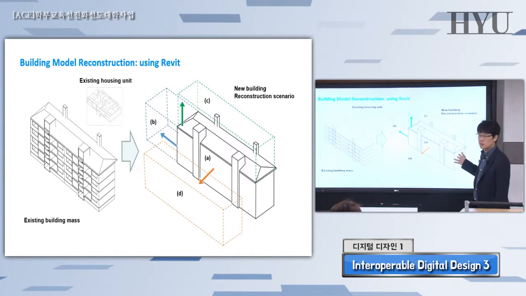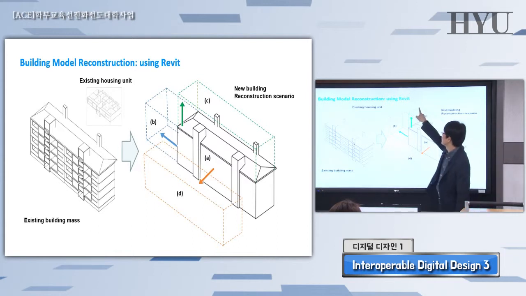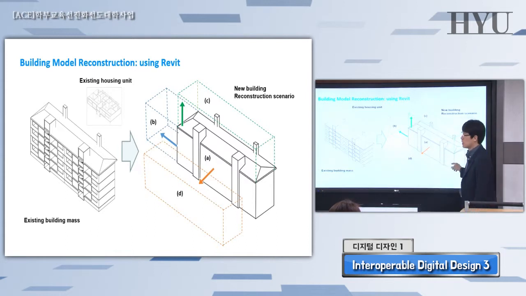Typical reconstruction scenario. Probably you know how many types of extension we can make. Firstly, make a taller building. This green color shows you this 5-story building can be a 7 or 8-story building, for more units, for more people, more consumers.